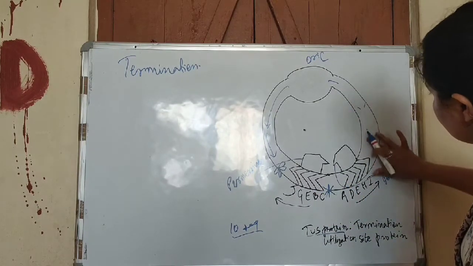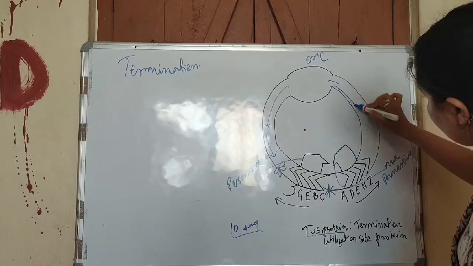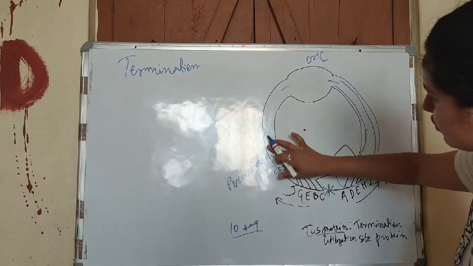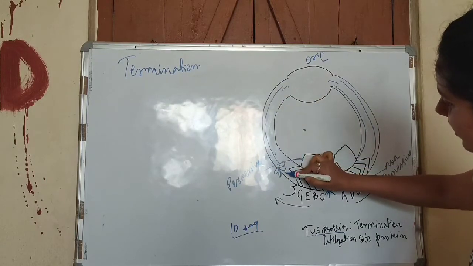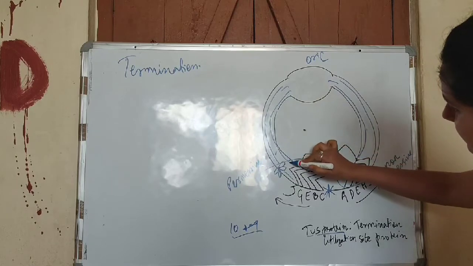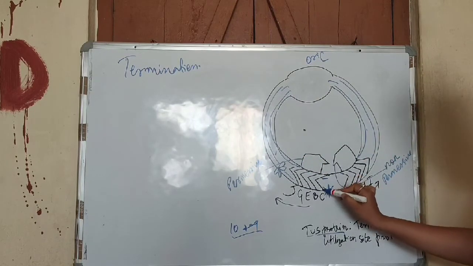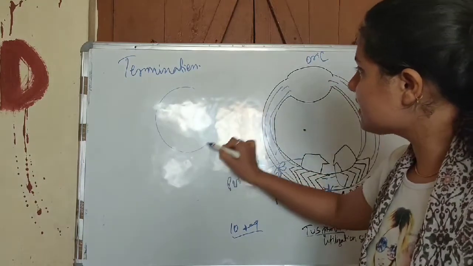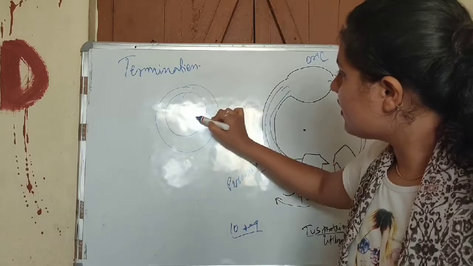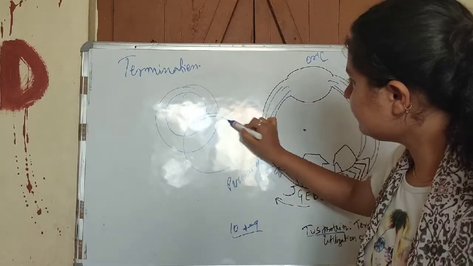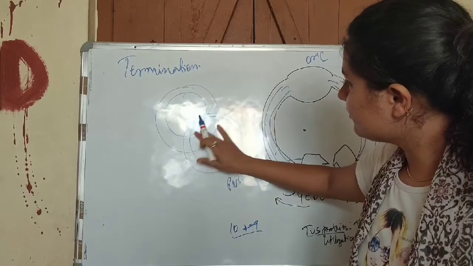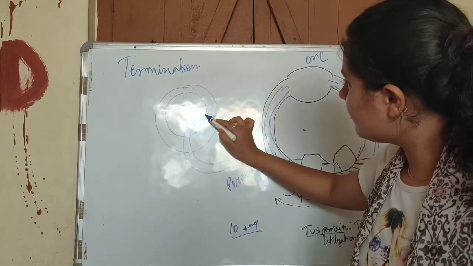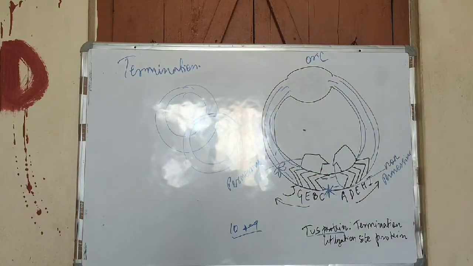From this side also 2 strands are coming. 2 strands are getting synthesized, and here also 2 strands are getting synthesized. So at the end they will form this kind of structure, isn't it?